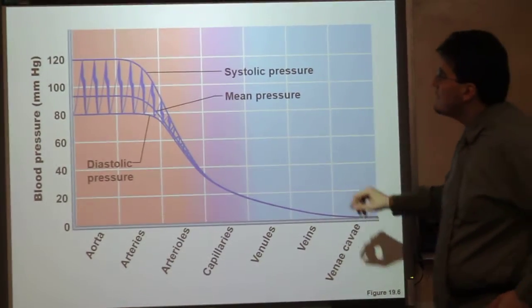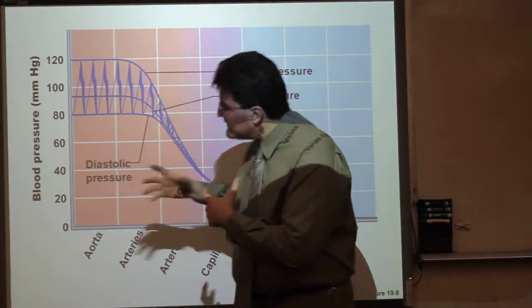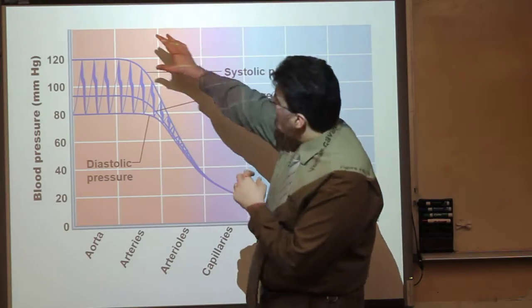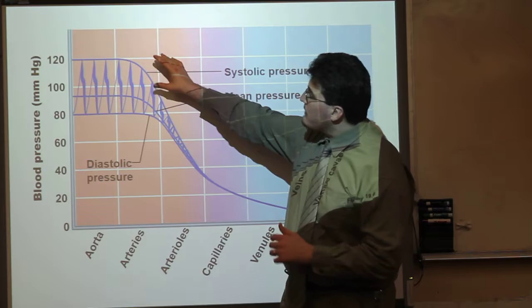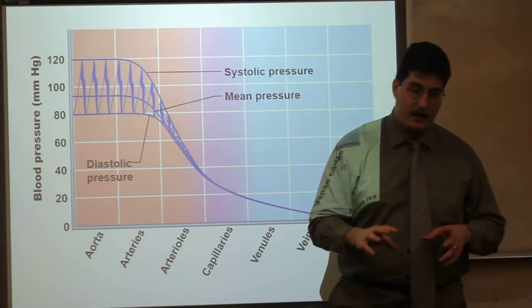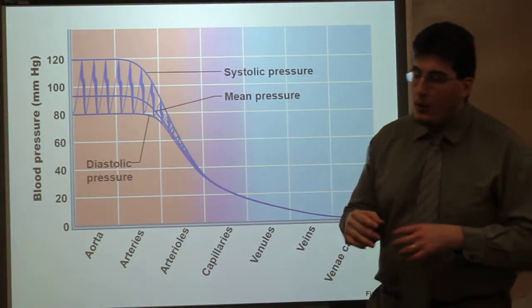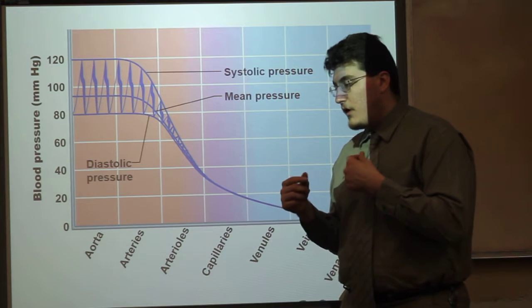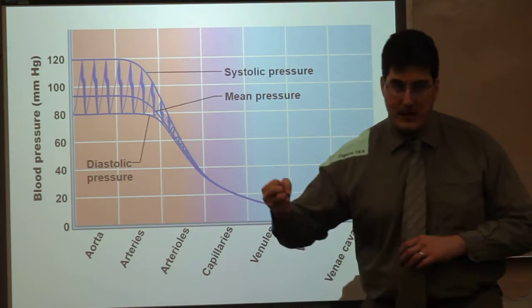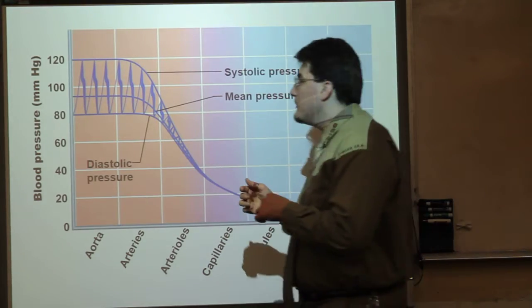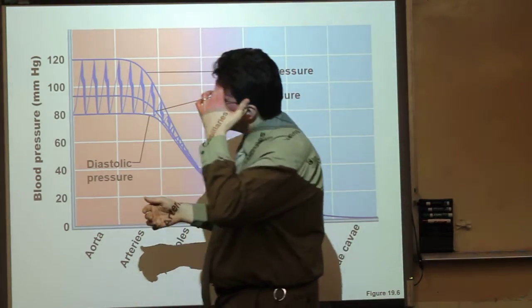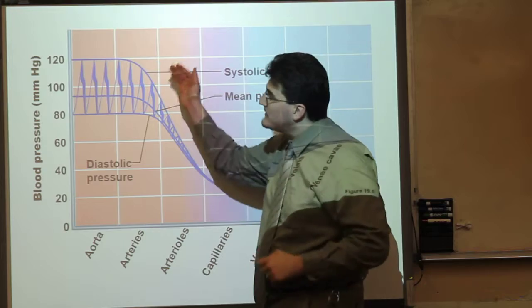We're going to talk about blood pressure now. And this is systolic and diastolic pressure. Systolic pressure is the pressure during systole. Systole is when the heart is actively pumping blood, when blood is under pressure being ejected from the heart.